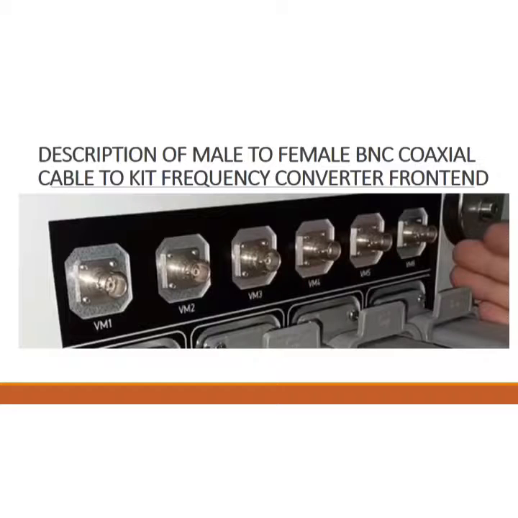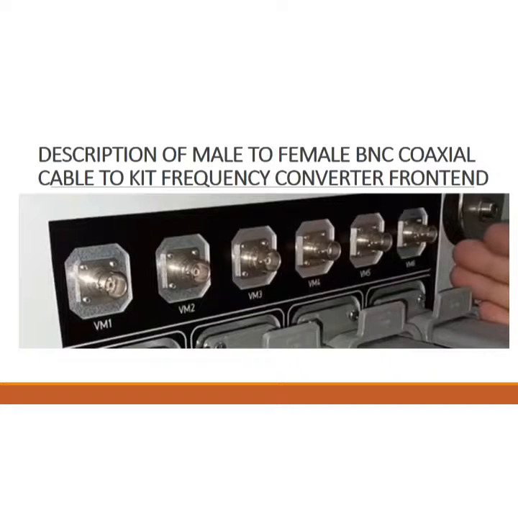Next is the description of a male to female BNC coaxial cable to the frequency converter front end. Both measurement inputs are split up into a peak measurement and an RMS measurement. First is VM1. VM1 is connected to measurement 1 and measurement 2 in the control software.